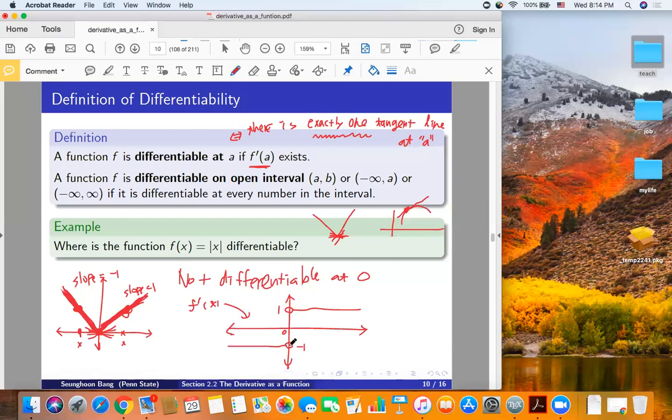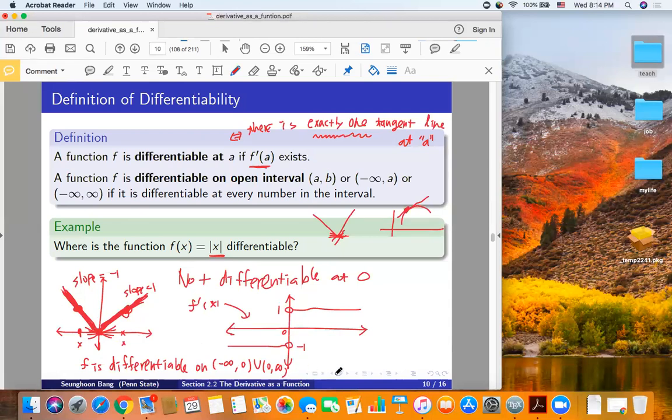So what does it mean? Function f is differentiable on... So here, the function f of x equals absolute value of x is differentiable on all real numbers except 0.